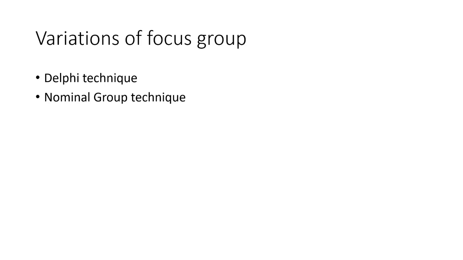This is a method designed to gain what is termed opinion stability through using various rounds of questioning, sometimes going on for months. Usually it can go up to 3 or 4 rounds of focus group discussion of experts, and that can go up to a few months.